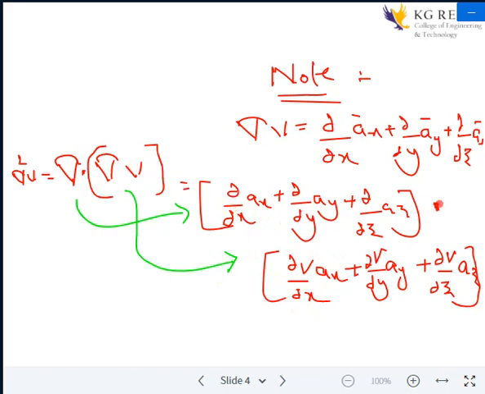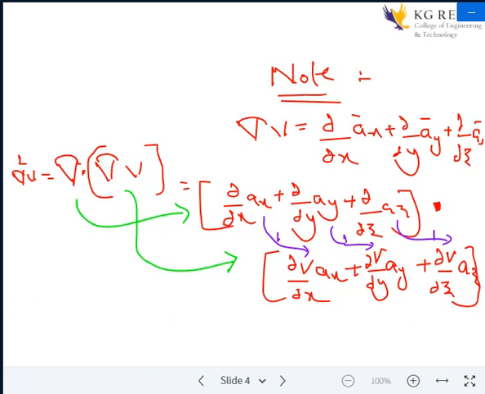When I am doing this dot product, only these terms will remain, because the rest of the things will become zero. Only these will become one. When I multiply ax with the other unit vectors, it will become zero.